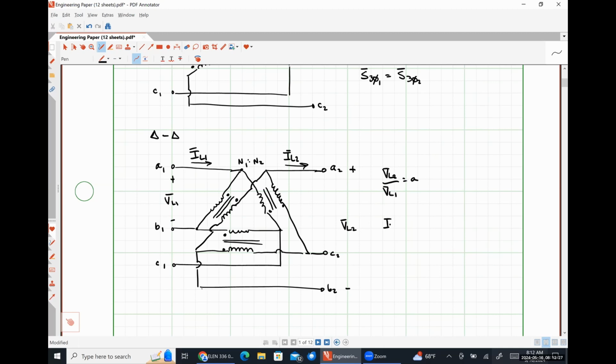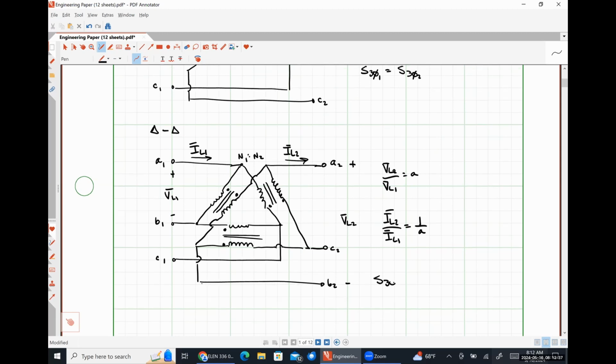Then we would have IL2 over IL1 is equal to 1 over A. And the complex power absorbed or supplied by the primary side has to equal the complex power supplied or absorbed on the secondary side. Again, the relationships for the Y-Y and the delta-delta transformers are literally the same thing. All right. It's literally the exact same equations.